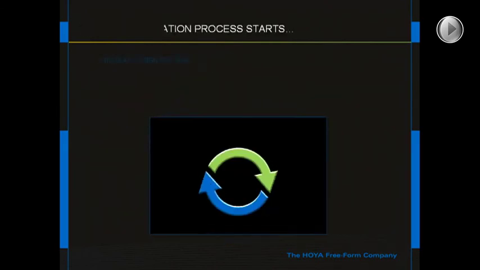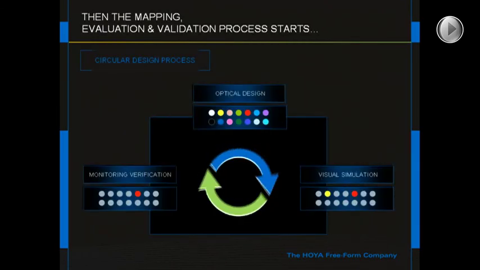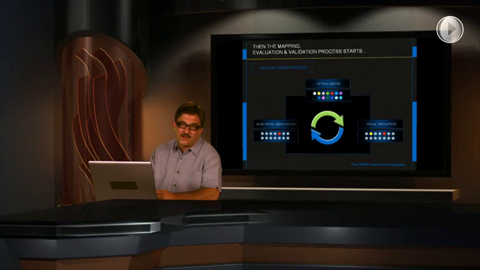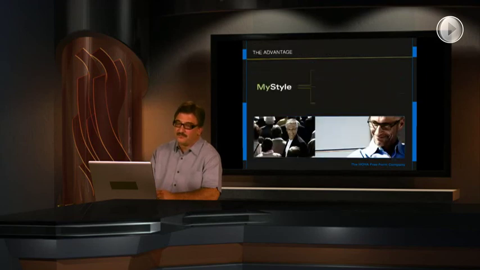The more information you can provide, the more personalized the experience. We'll take all of the parameters that have been collected in the identifier, and we will put this information through a circular design process of evaluating and validating that we're able to provide the patient exactly with what they want and what they need, given all those parameters.